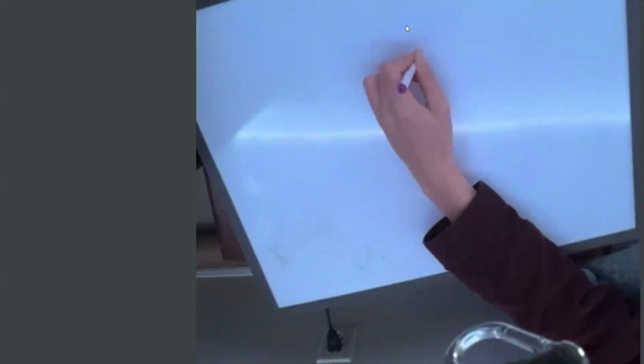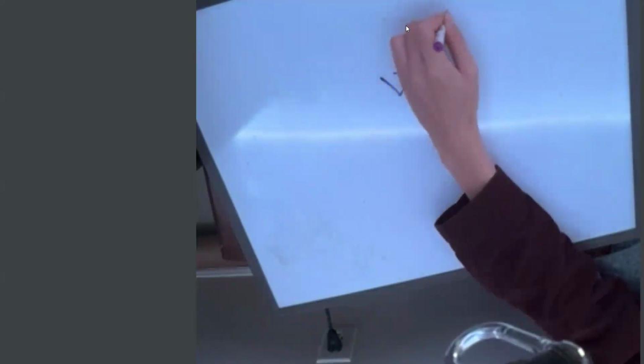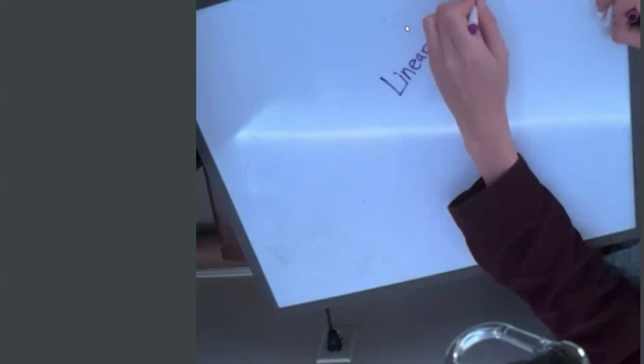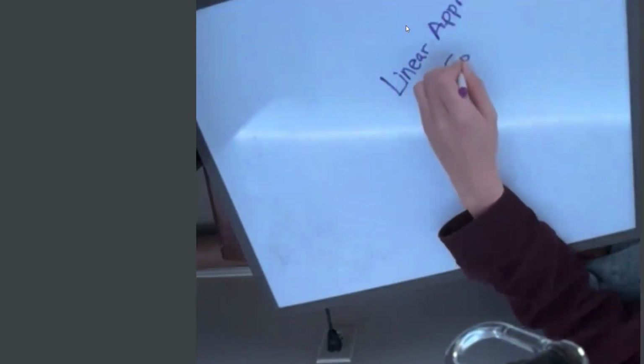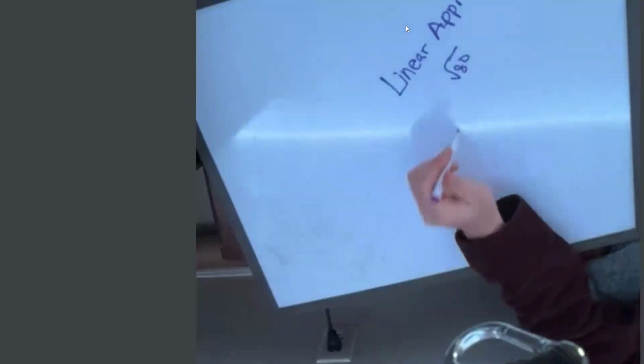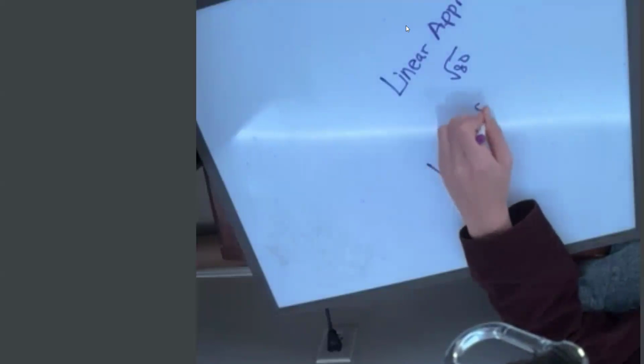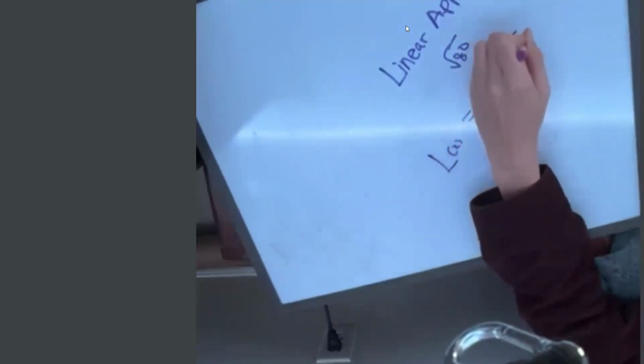Linear approximations. This is something we can use to do things like this. Oh, what is square root of 80? Something like that. There's a formula that you have to remember. L of x equals f of a plus f prime of a times x minus a.